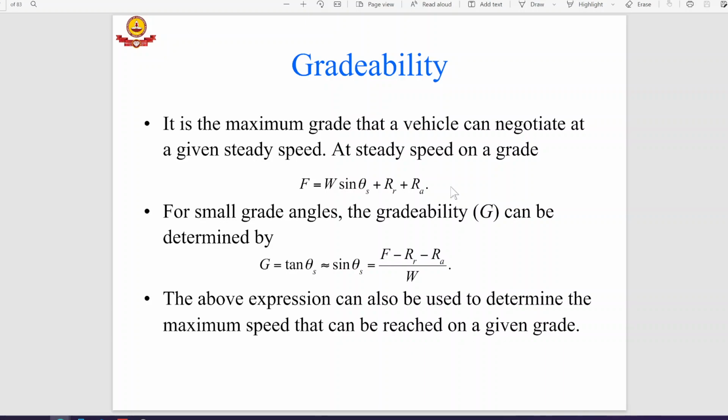For small grade angles, sine theta is almost similar to tan theta, and G equals tan theta, that is the grade definition. If we equate this from the above equation, we get G equals F minus RR minus RA by W. So this can be used to determine the maximum speed that can be reached at a given grade.